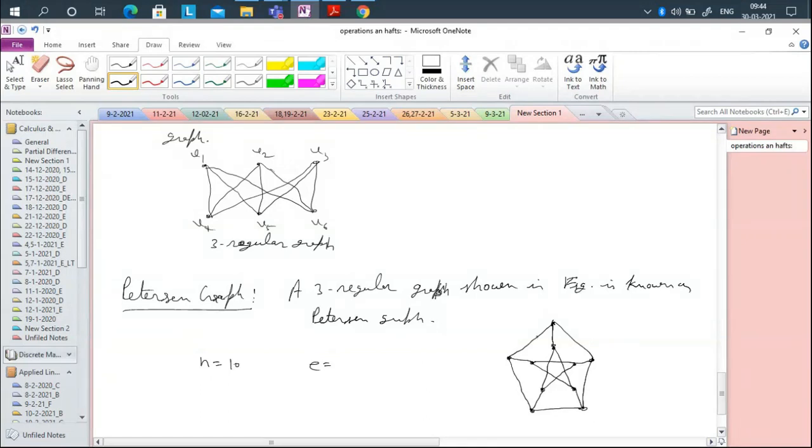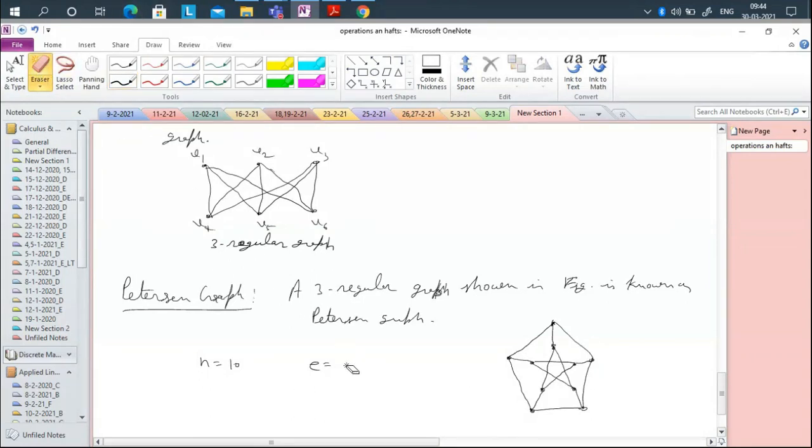How many edges? Each vertex has degree 3, so 10 times 3 is 30. But there are not 30 edges. How many then? 15. Yes, there are 15 edges.